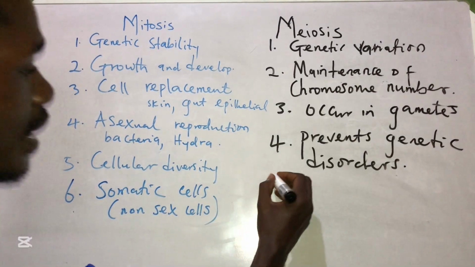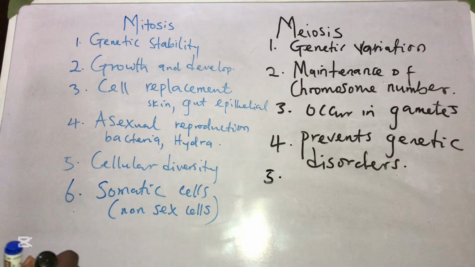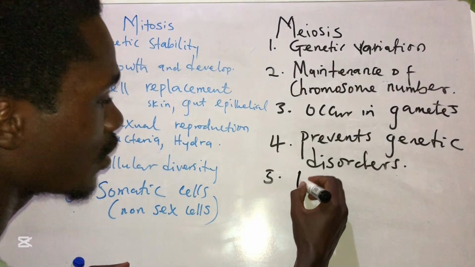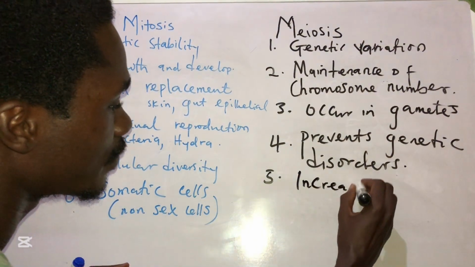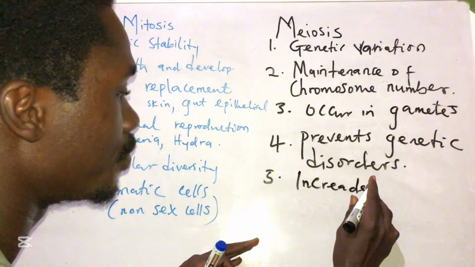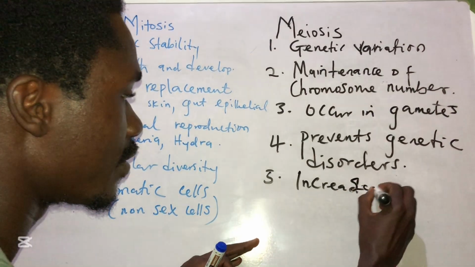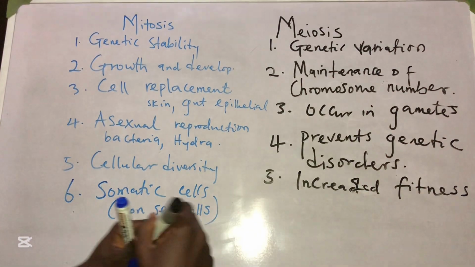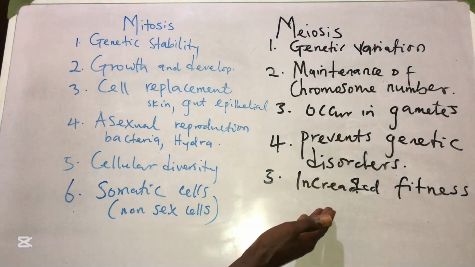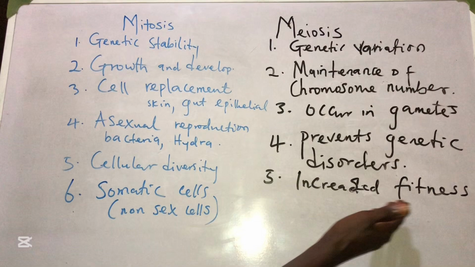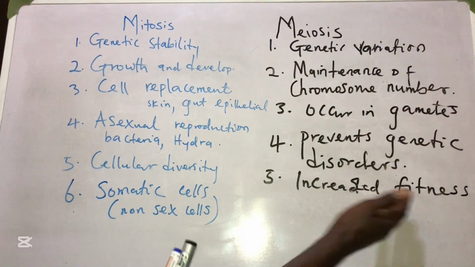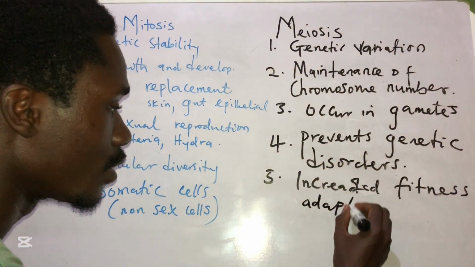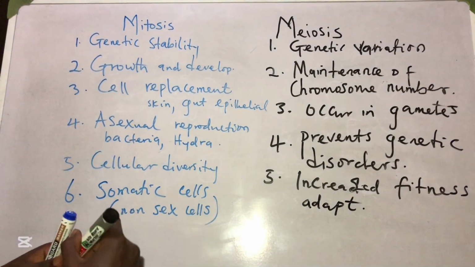So let's look at the fifth one, which is increased fitness. So it also increases fitness. So how does that happen? Now, because we are having a unique combination, it increases the fitness of that individual to adapt to its environment.